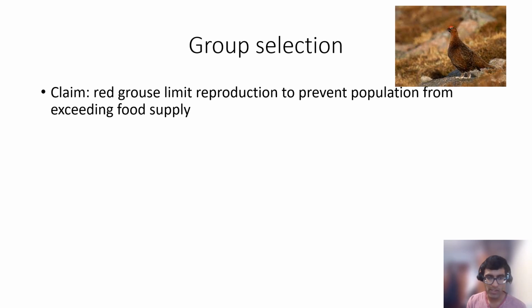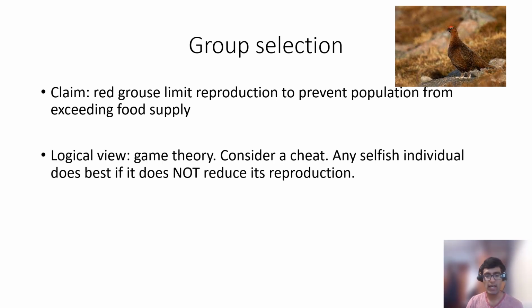And to see what's wrong with this claim, we might want to use a game theoretical view. So consider a cheat, a selfish individual that does not limit its reproduction. Well, it will do much better than the other individuals in the population, and therefore its genes are going to spread through the population because it's going to have the most offspring.